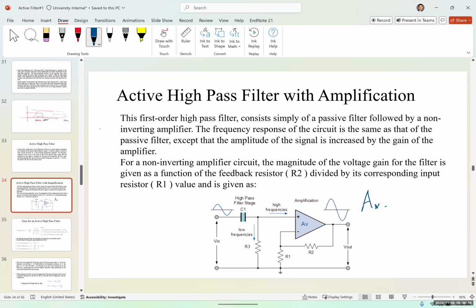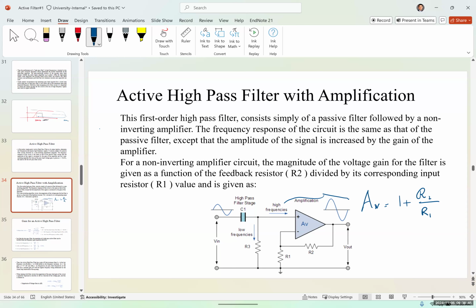And the gain is determined by the active part, which in this case, because it's a non-inverting amplifier, is going to be equal to 1 plus R2 over R1. If this was an inverting amplifier, A would be negative R2 over R1. If it was a buffer, or voltage follower, A would be simply 1.